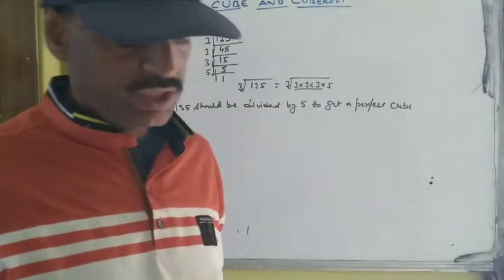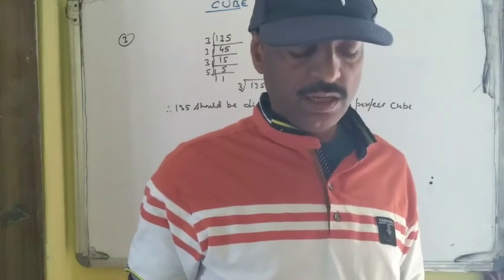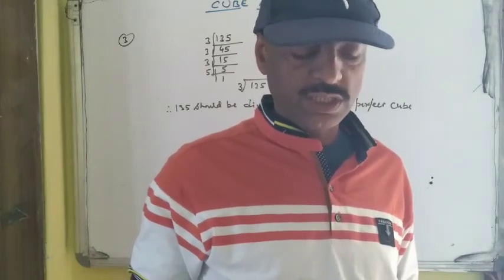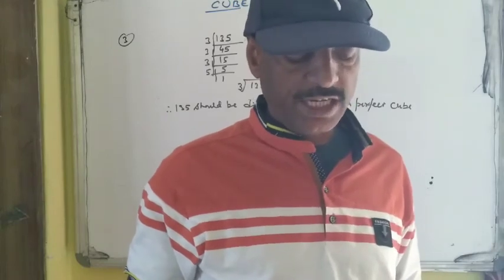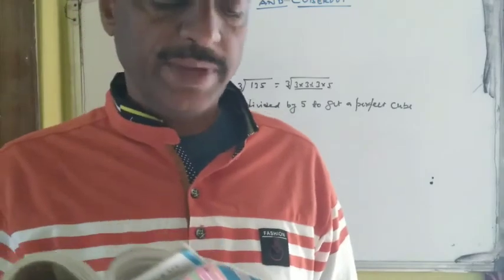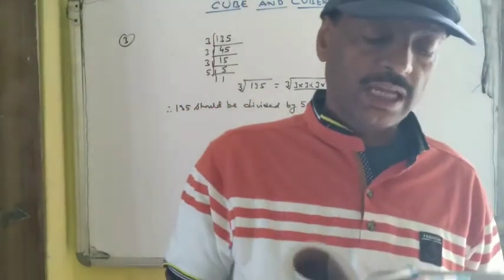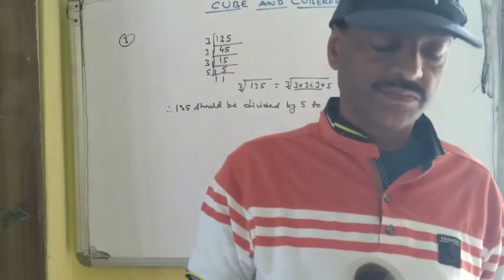The fourth question is here. Parikshit makes a cuboid of plasticine of sides 5 cm, 2 cm and 5 cm. How many such cuboids will be needed to form a cube? It means that Parikshit makes a cuboid, and that's why the length, breadth and height are given.